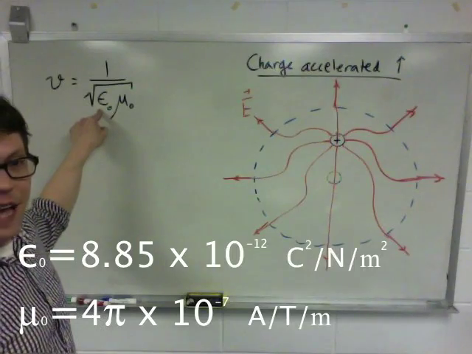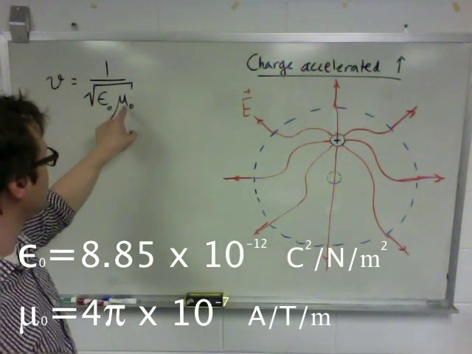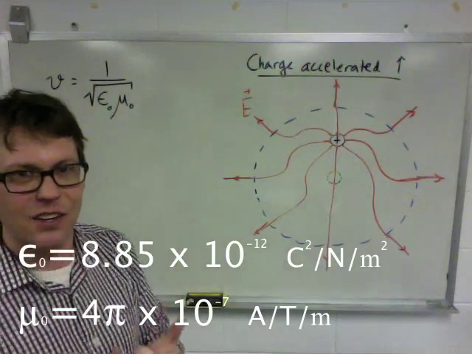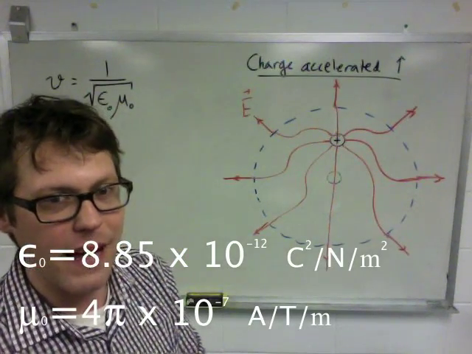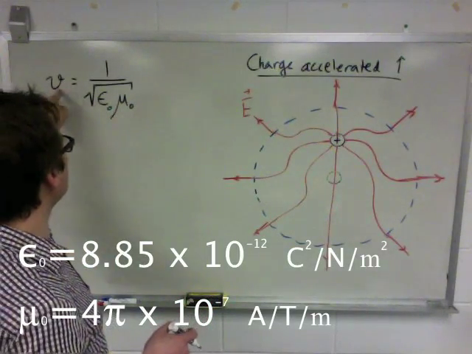Remember that epsilon 0 is a static quantity related to electric fields. Mu 0 is a static quantity related to magnetic fields, right? But they both show up in this formula for v.